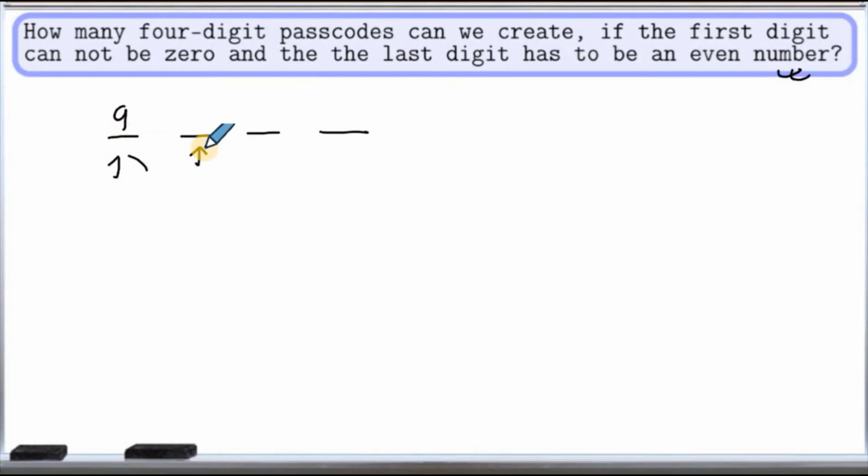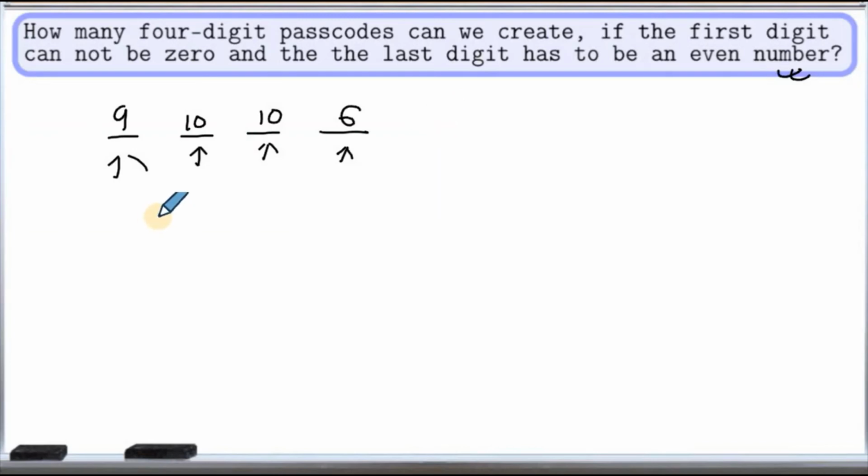For the second place, we can have 10 of them since we can have all possible digits. So I'll just put 10 here. Similarly, for the third place, we can have 10 of them because we can have all possible digits. But when it comes to the fourth one, we can have only 6 of them because there are only 6 even numbers between 0 and 9.